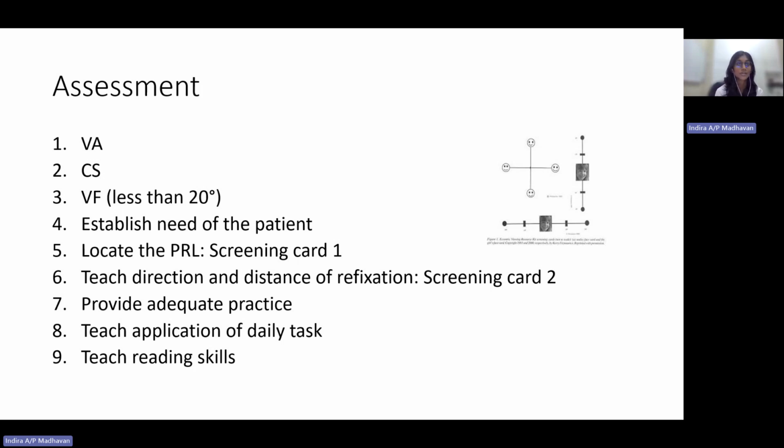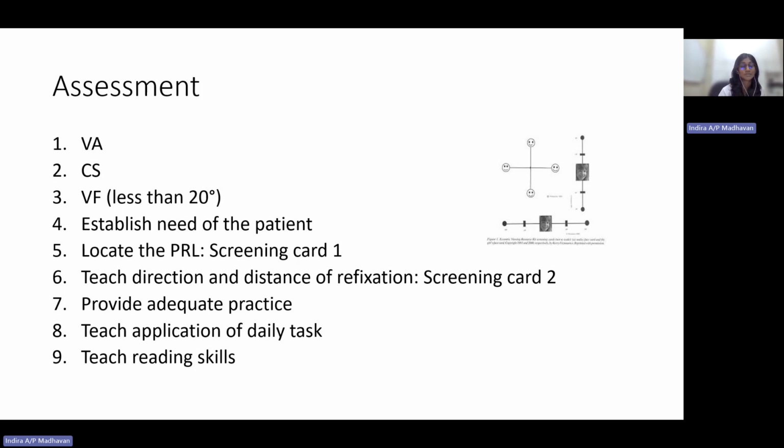For that patient, you have to train them with distance first and then discuss whether they do any near work or not. If they do, then we train distance first, then we train the near. If the patient does not have any need for near, then we only train them for distance. So once we know what the patient needs, then we establish the need of the patient.